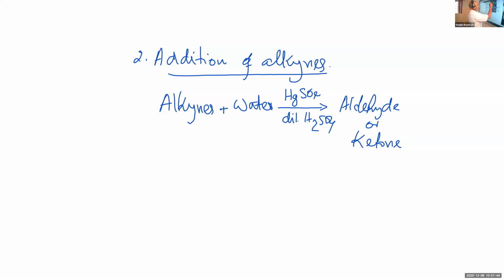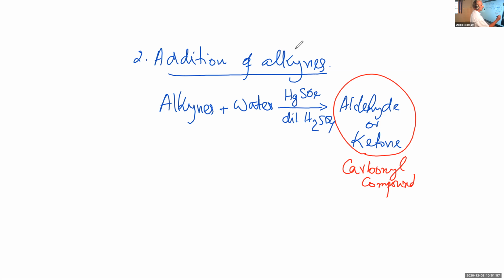As we know, the aldehydes and ketones are collectively known as carbonyl compounds because in aldehydes and ketones, there will be a carbonyl group, that is a C double bond O group. That group is called carbonyl group. It is there in aldehydes and ketones.